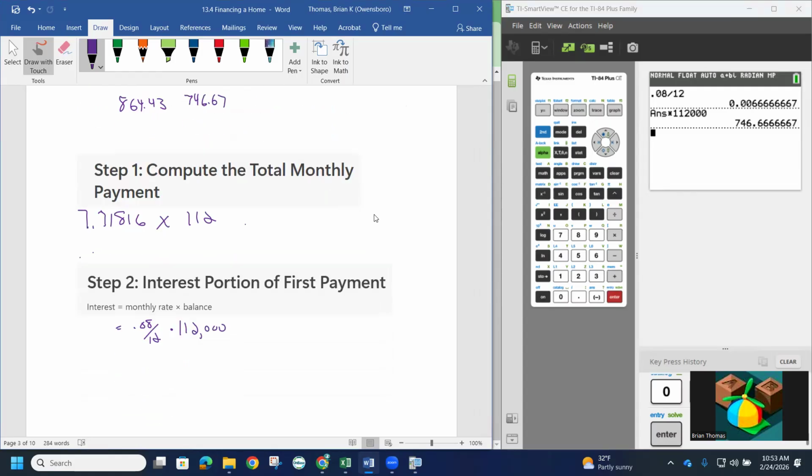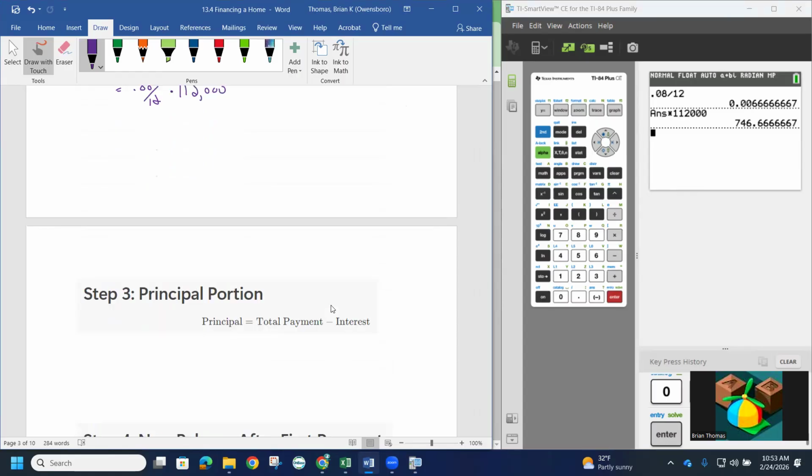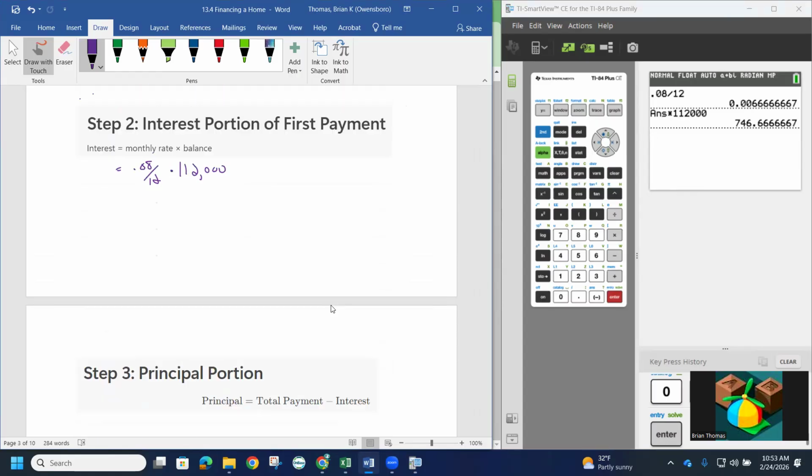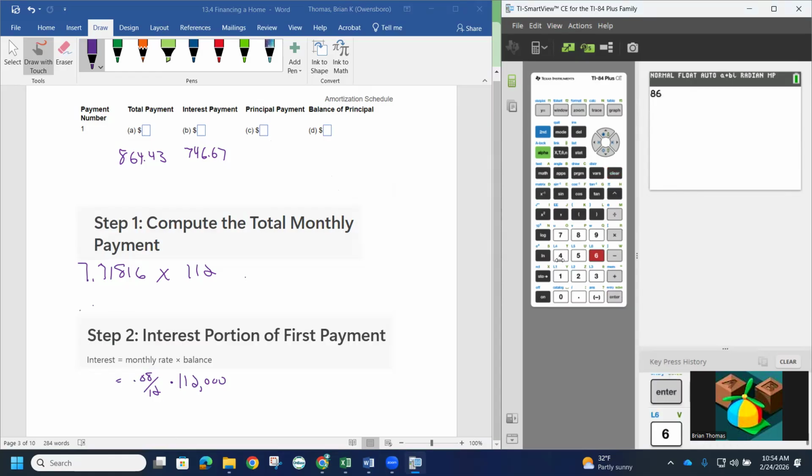From there, we need to figure out what the principal payment is. Our principal payment is going to be the total payment minus the interest. So the total payment is our monthly payment, and then we subtract the interest. Our total payment was $864.43. If we subtract the interest payment of $746.67, that tells us how much actually went towards the principal. So $864.43 was our monthly payment.